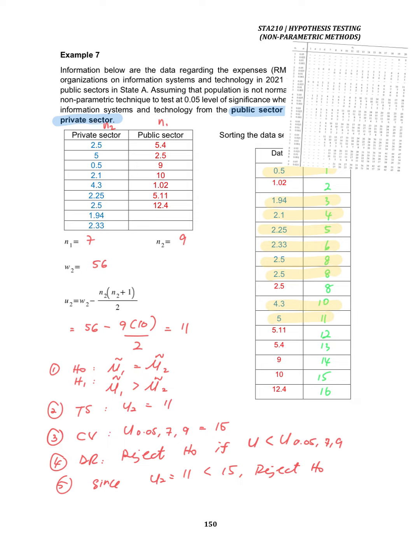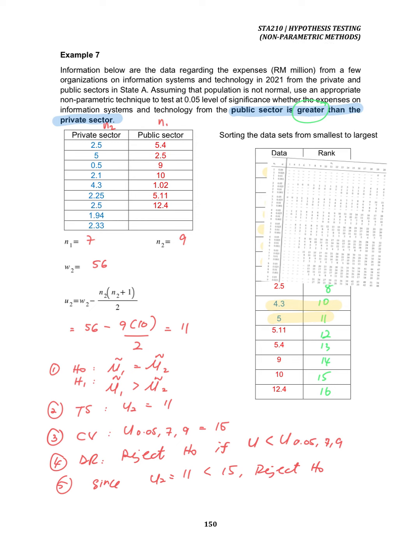So what can we say here? When we reject the null hypothesis, we can say that, tengok balik ayat dia: the expenses on information system and technology from the public sector is greater than the private sector. Paling simple kita boleh tulis median population 1 is greater than median population 2 in term of the expense.